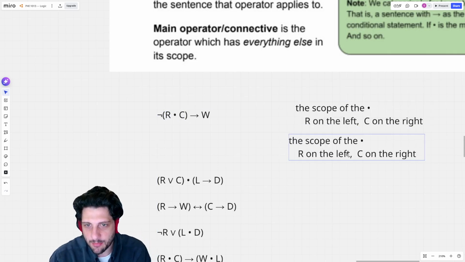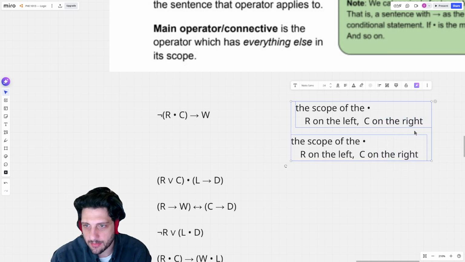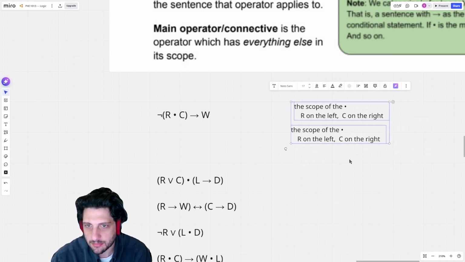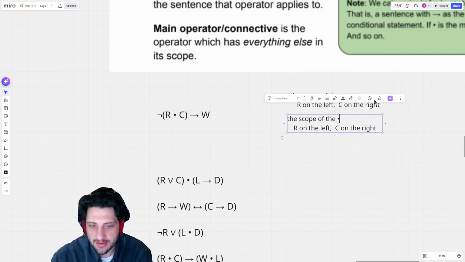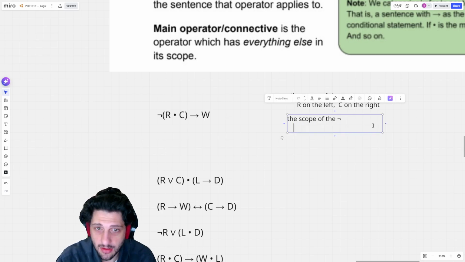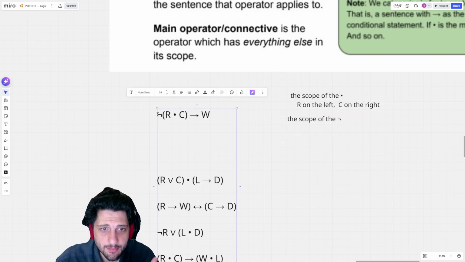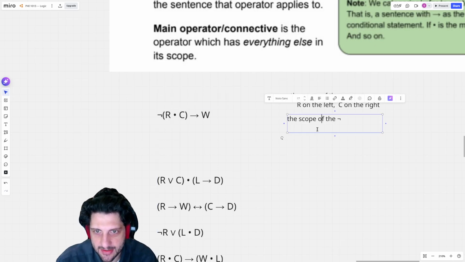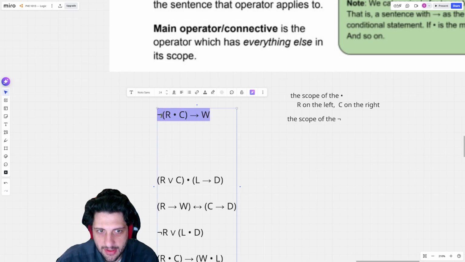Now, let's compare that to the negation. The scope of the negation is, well, let's think about what it's applying to. It's not just applying to the R, because we have these parentheses. These parentheses are wrapping this whole thing together. So the negation is applying not just to the R, but to this whole thing wrapped together.